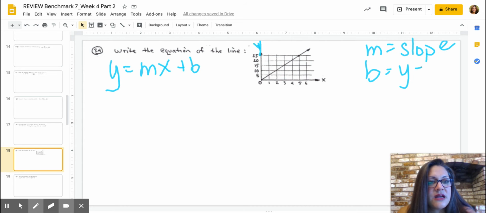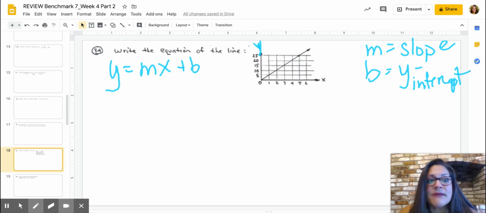The y-intercept. You can read that. So what's my b? It's right here. It passes through the origin. So I already know that my b is 0. Now I need to find my slope. Oops, dropped my stylus. My slope is rise over run. Well, how convenient. Here it is.